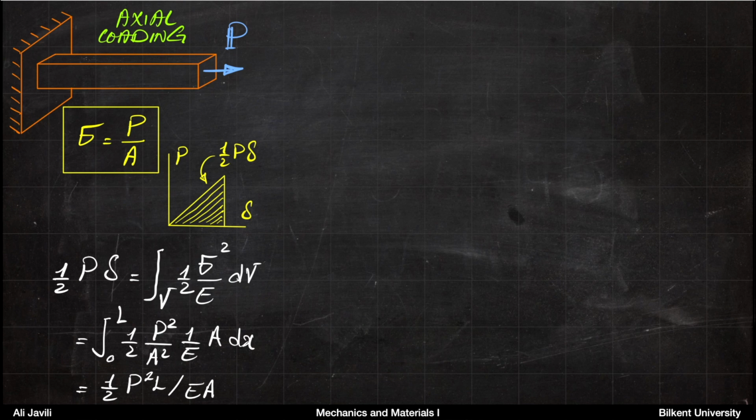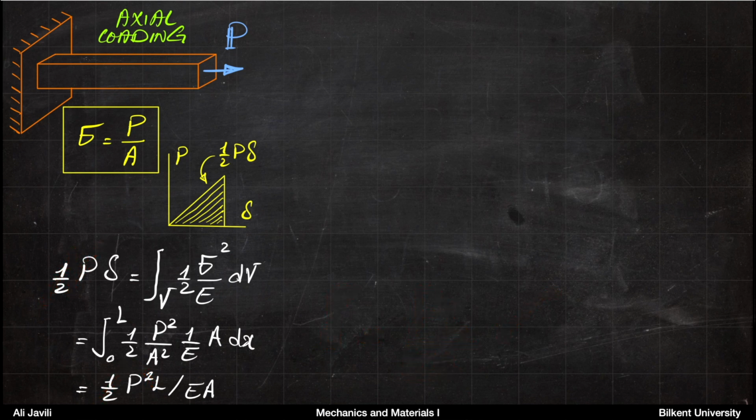So when you carry out that integration, what you will see is that you get 1/2 of P squared, so there is power 2, L divided by EA. Now, if you cancel 1/2 from left and right, and then you cancel P with 1 power of P here, what you will see is delta equals PL over EA.